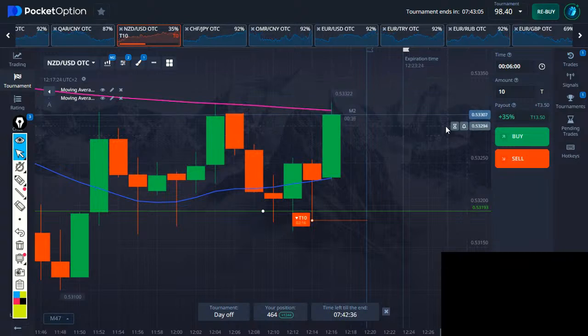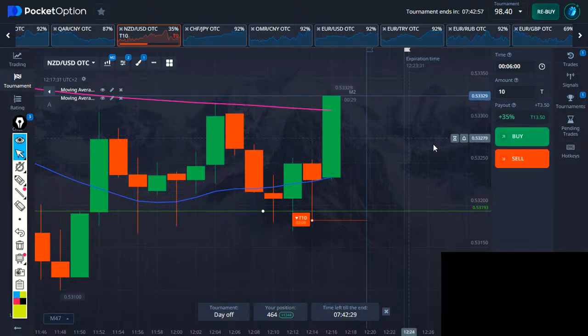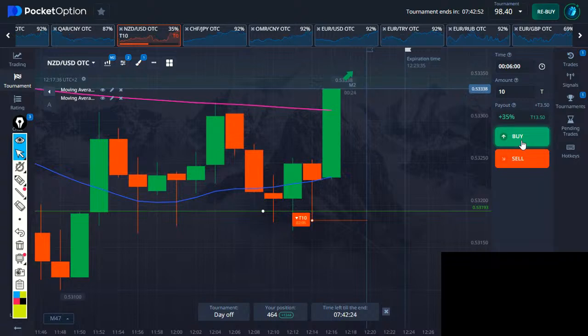Beautiful. I'll wait. Might reject from the 200. I need a close above the 200. Very nice. Powerful momentum. I'll take 6 minutes here.